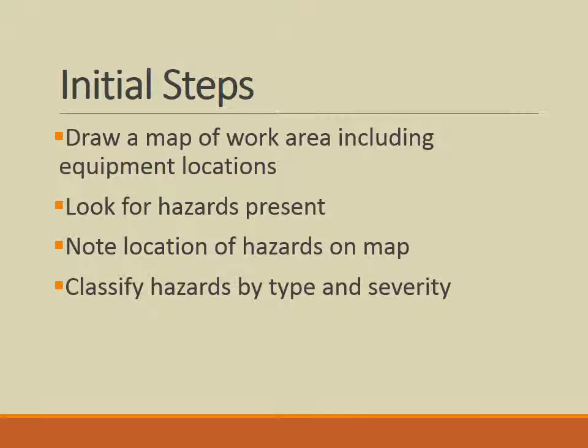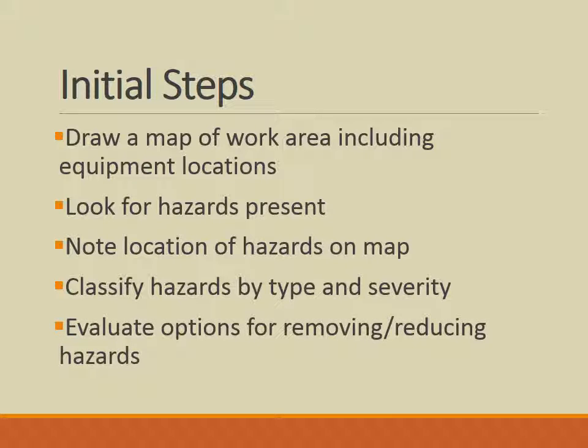The next step was classifying the hazards by type and severity, and I'll talk about that in a little more detail. The next step after that was to evaluate options for removing or reducing the hazards.